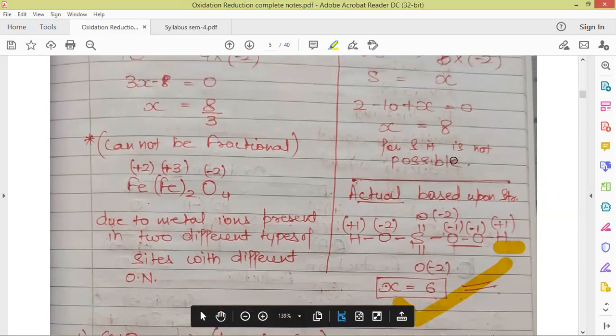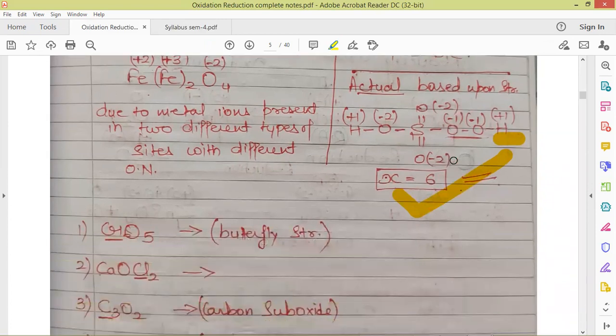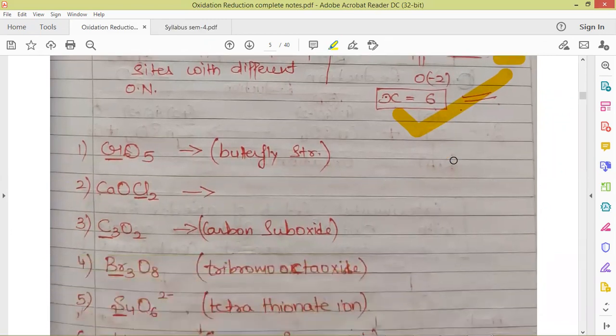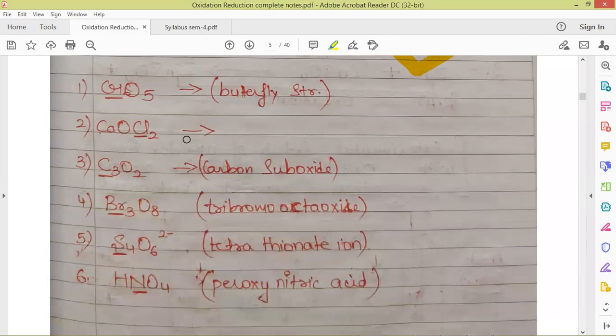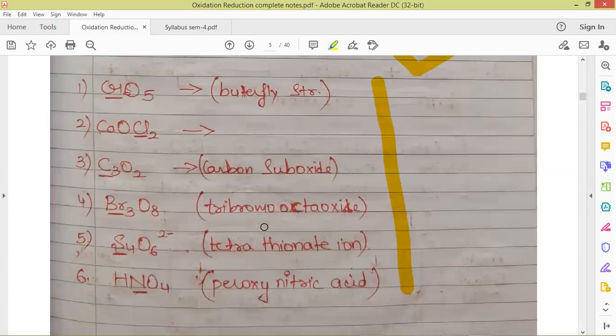So sometimes it depends upon the structure, and it is always right to draw the structure first, then solve the oxidation number problem. Here are some examples which have exceptions based upon the structure. For these questions, you will try them at home and give the answers in the comment section again.